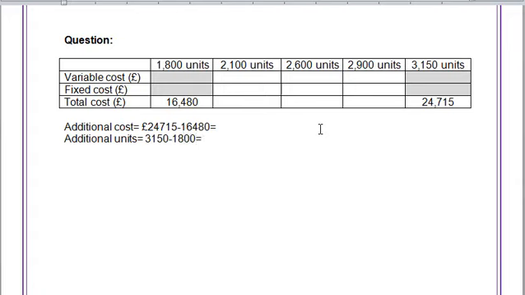So I'm just getting the difference in both situations, and my variable cost per unit will then be the total difference in cost divided by the difference in units.